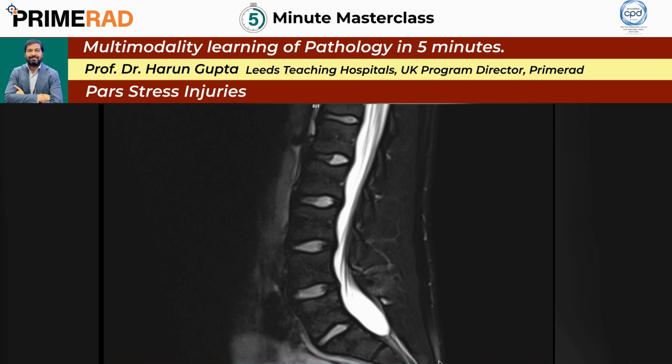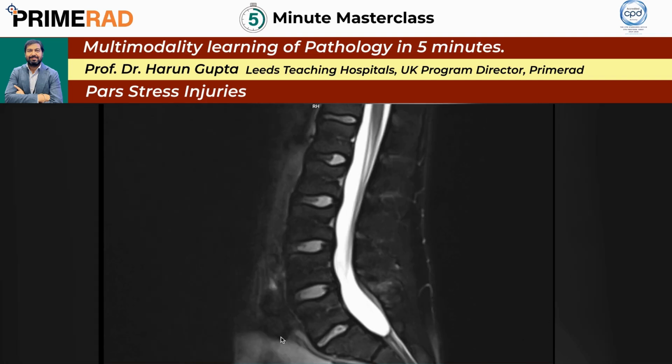This is one such case where we will discuss the pars changes in these patients, the different types of sequences that are employed in these cases, and how CT can also be used in problem solving. Then we'll also quickly look at the different grading systems.